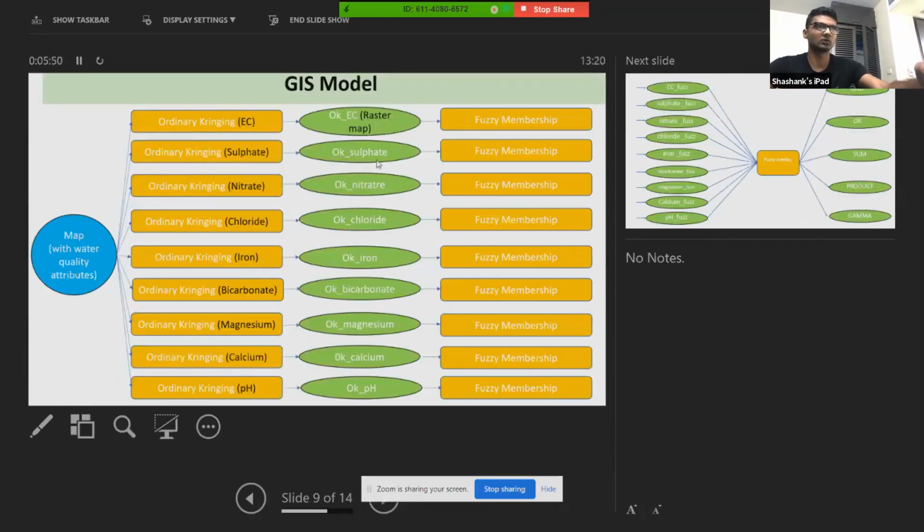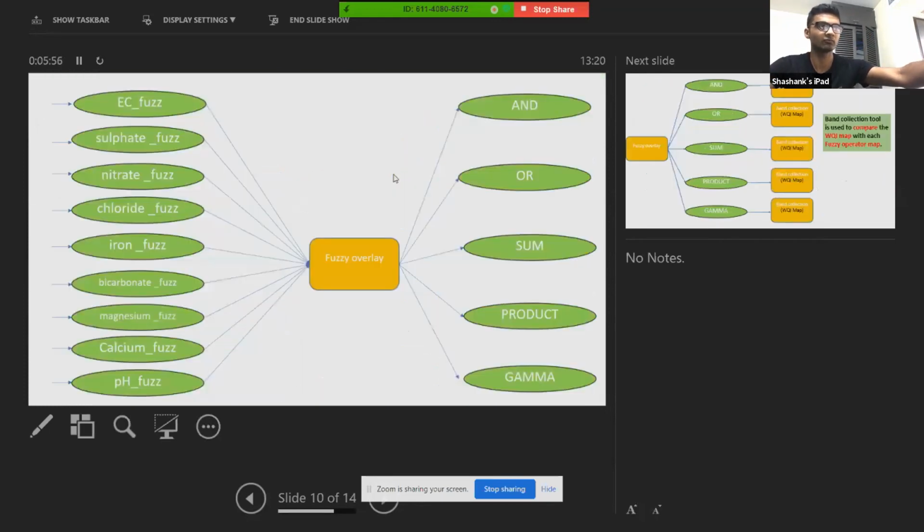Okay, so back to the GIS model. Now we apply the fuzzy membership value, and in the next step we will get fuzzified maps of each of the attributes. Now we want to overlay these maps, or stack them. But when we do this overlaying operation, there are again various methods.